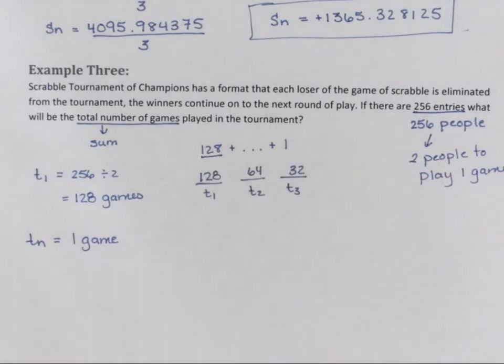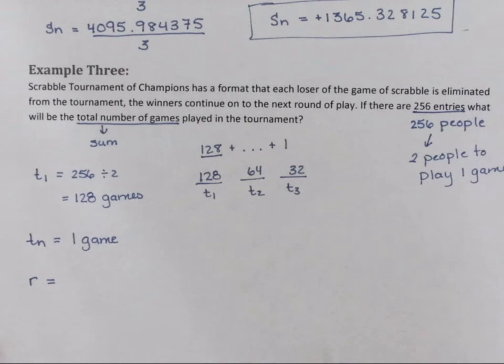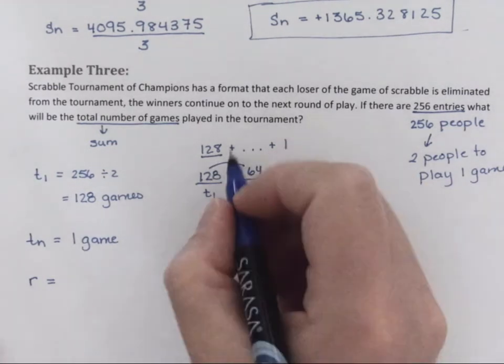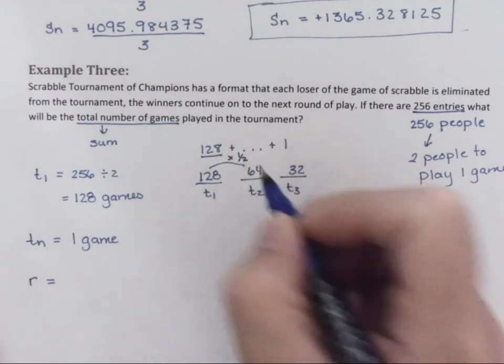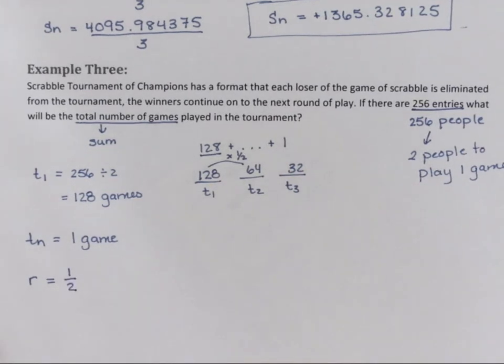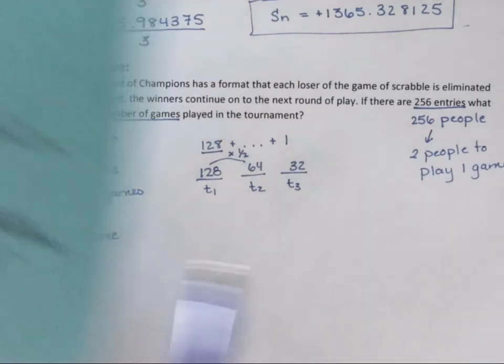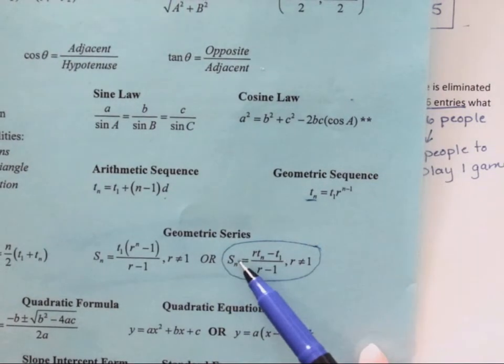So you might say, hey, we're dividing by 2. But remember, we always have to talk in terms of multiplication. So what are we doing to get from here to here? We are timesing by a half. We're not dividing by 2, we're timesing by a half. So my common ratio is 1/2. The nice thing about this one is if I know my T1 and my Tn, I can use that second formula.